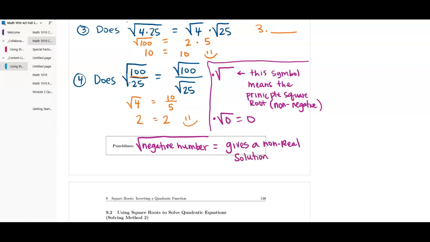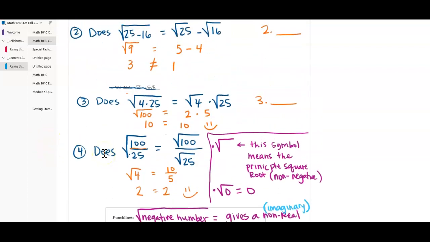We're going to talk about what we mean by non-real. We're going to be talking about imaginary numbers today, also called complex numbers, but that's what you need to remember: when you have a negative inside the square root, that is what's going to happen there. Okay. Any questions you can think of so far on what we talked about?